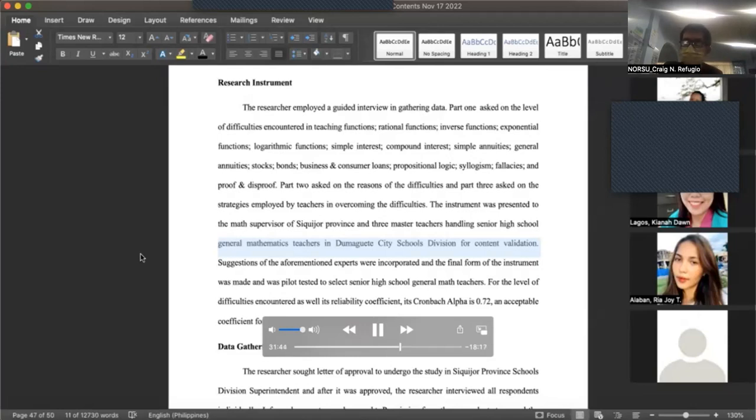And if you have not pilot tested that one, you could not say 30 minutes, 40 minutes, or 50 minutes, because you have not pilot tested it. As a researcher, you must have a well-validated, estimated time allocation in answering the research instrument.